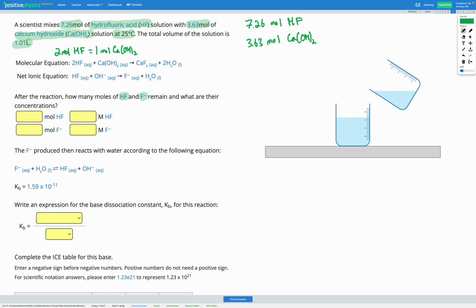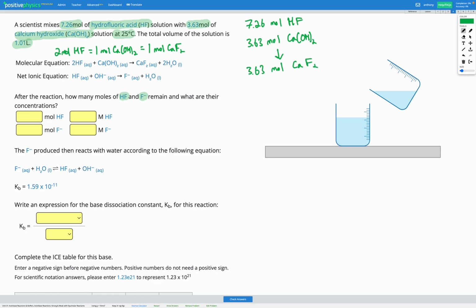So that's why we have twice as much hydrofluoric acid as we do calcium hydroxide to start with, because we have a 2-to-1 ratio. Then we're going to produce calcium fluoride, and the ratio for that is 1 mole of calcium fluoride produced for 1 mole of calcium hydroxide. So that means the amount that we produce is going to be 3.63 moles of calcium fluoride produced.